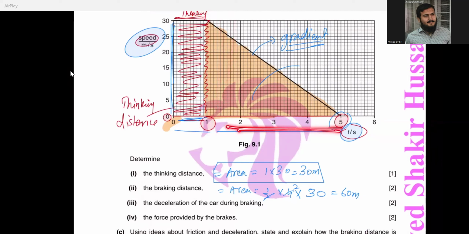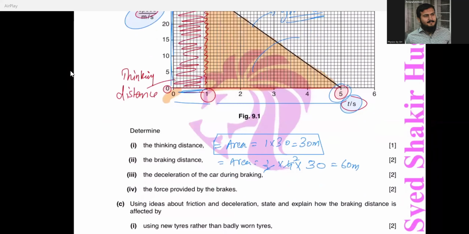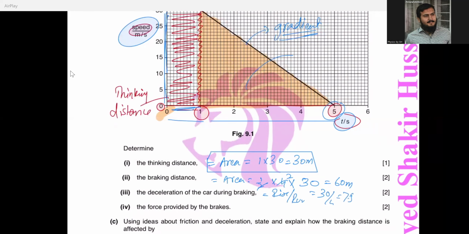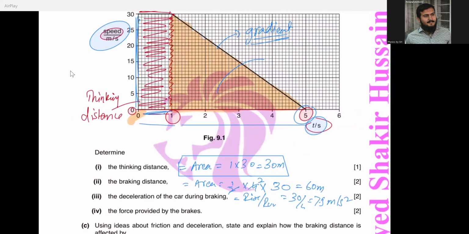What is the run? 4. So it would be rise upon run, that's 30 divided by 4. That's 7.5. What's the unit? Meter per second square.